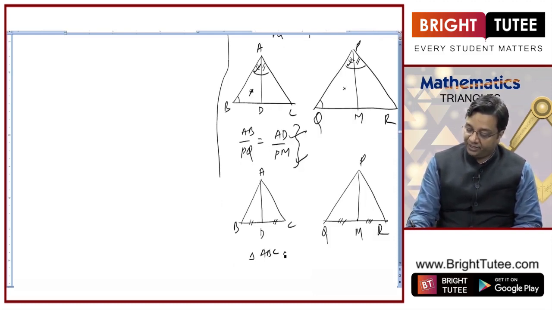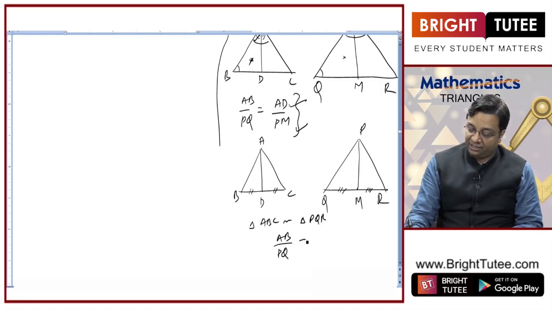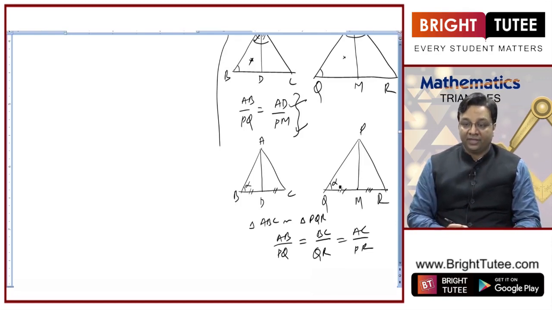So I already know that AB by PQ, the ratio of corresponding sides, is equal to BC by QR, equal to AC by PR, and the corresponding angles are also equal. If this is alpha, this is also alpha.